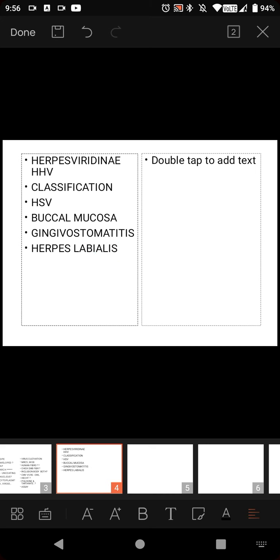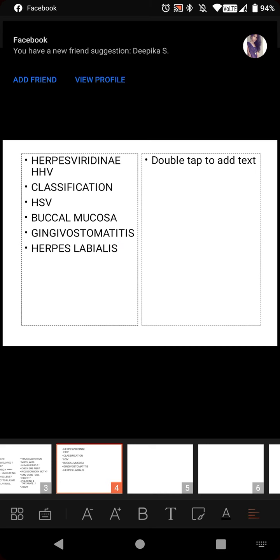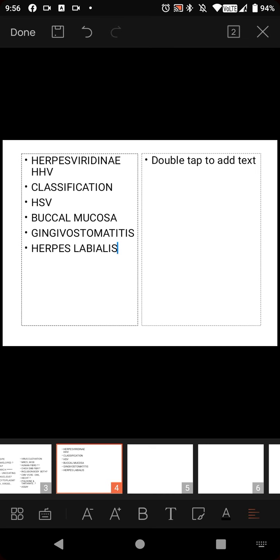Okay, so what is the thing? The most common site is the buccal mucosa. As I said, mucosa is the way by which herpes 1 is spreading, and the primary lesion is gingivostomatitis, and the recurrent lesion is herpes labialis. So the recurrent lesion is herpes labialis, and the primary lesion is gingivostomatitis.